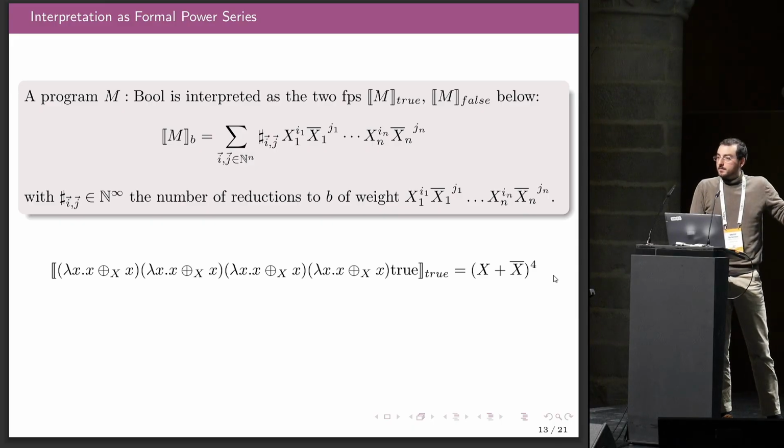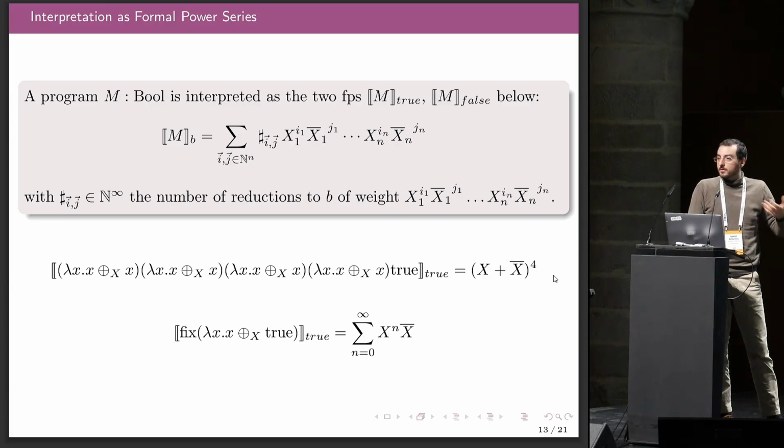But again, these tools are well defined for any kind of program, even for programs which have an infinitary behavior. For example, here we have a fixed point, so it's a recursion which is there, and this program corresponds to the experiment of flipping a coin until we find a heads, for example. In that case, we return true.